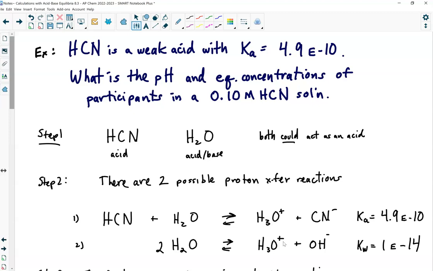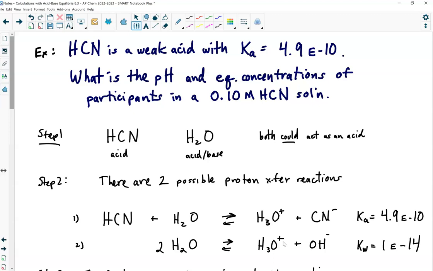Well, if the HF was dissolved in water, that water had 1 times 10 to the negative 7th concentration of hydronium, because any water has some hydronium in it already, because water reacts with itself to make a little bit of hydronium. Yes? That's the self-ionization of water.